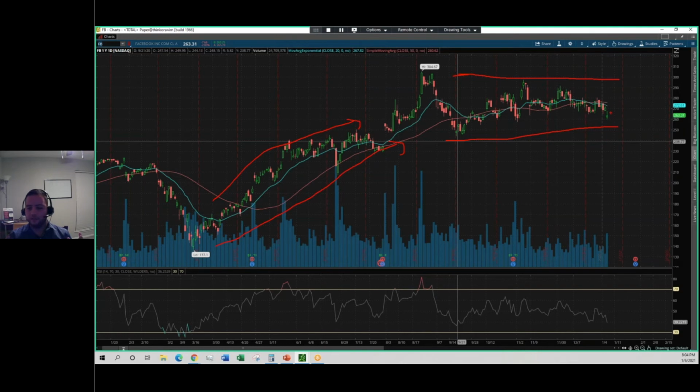Maybe this is a 2-to-1 or 3-to-1, but you always want to find those outsized opportunities where you're risking, I don't know, $2 to make $8, or risking $5 to make $20, not risking 1-to-1, because mathematically you want to have those odds in your favor to be able to last.